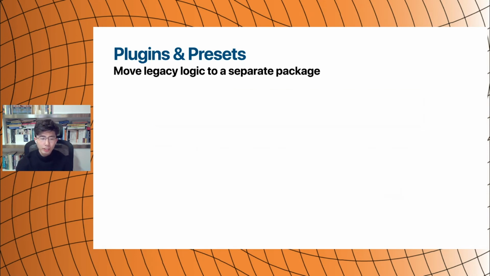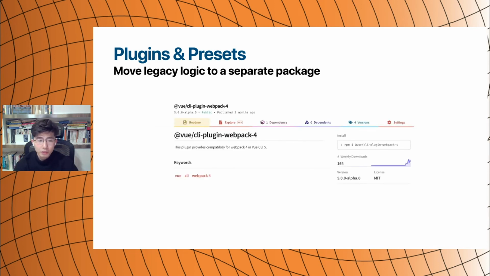Plugins can be used not only for experimental new features, but also for providing legacy feature support. In Vue CLI 5, we ship the CLI with Webpack 5 by default, but understandably many of the ecosystem packages haven't caught up with Webpack 5 yet.